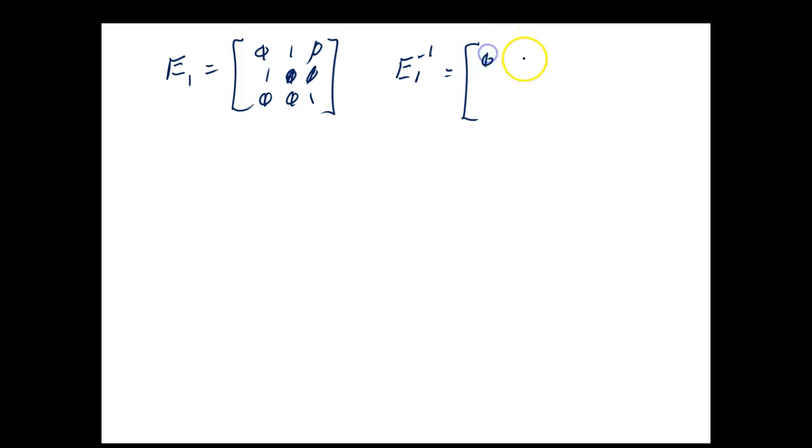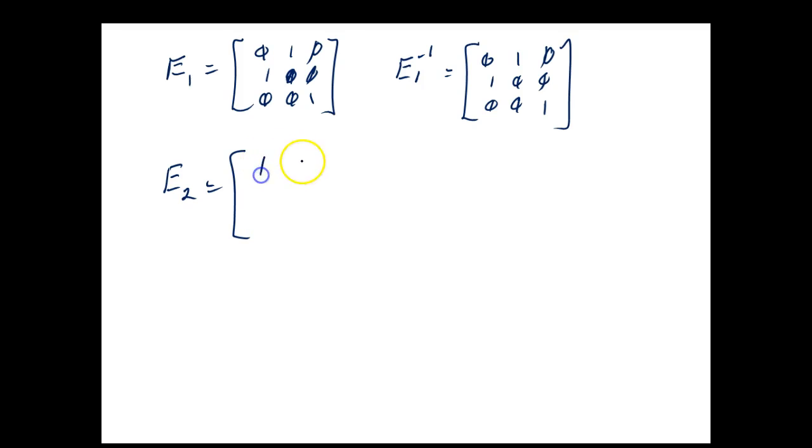It's exactly the same: 0, 1, 0, 1, 0, 0, 0, 0, 1. And that gets you back to where you started. So when you swap 2 rows, you just swap 2 rows. Now, the E2 that we had before was 1, 0, 0, 0, 1, 0, -2, 0, 1.